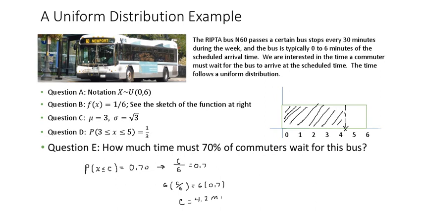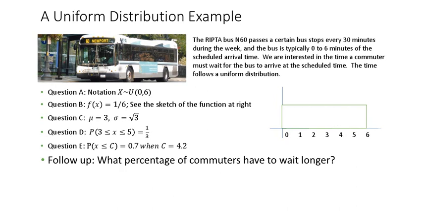So 70% of the commuters must wait somewhere about 4.2 minutes, which is 4 minutes and 12 seconds or so, in order to catch this bus past the scheduled time.